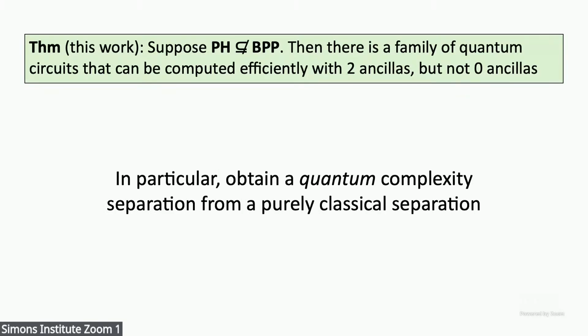I'm not the first to talk about ancilla complexity, but one interesting thing that came out of this, I won't give the proof, is that we can come up with a family of quantum circuits that you can compute efficiently with 2 ancillas, but you can't compute efficiently with 0 ancillas under a purely classical complexity theoretic conjecture. So I thought it was kind of cute that you can get this quantum separation from a purely classical separation.